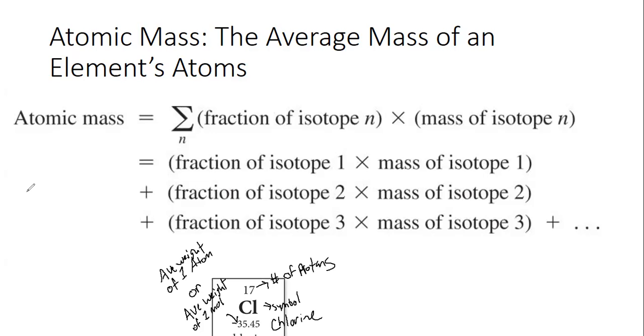It's saying the atomic mass of an element is equal to this giant E. So this is sigma, the uppercase sigma. And what this means, if you don't remember from your math class, is addition. This is saying add up everything that comes after this.